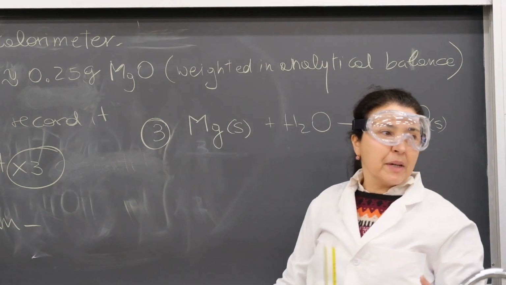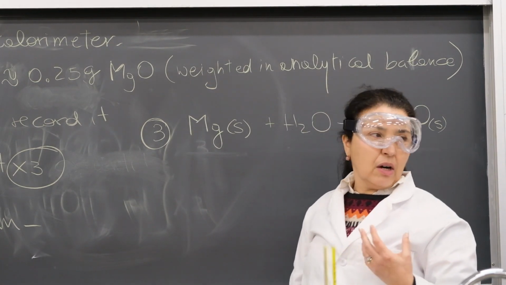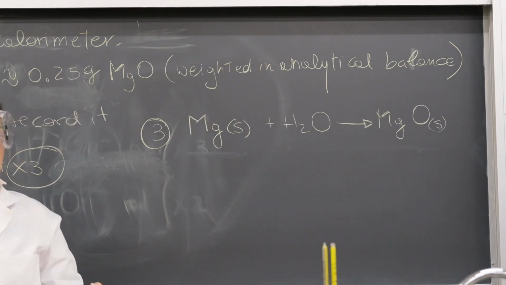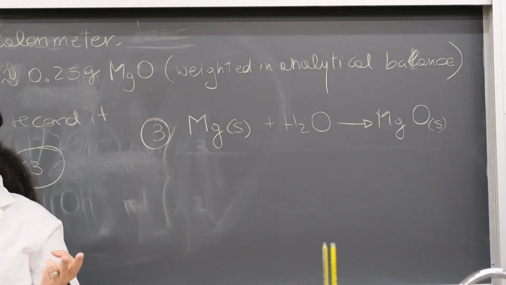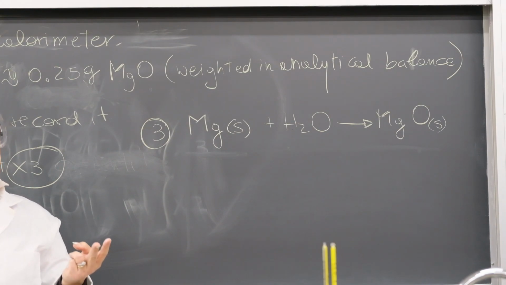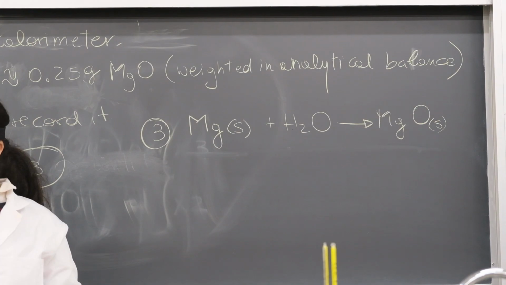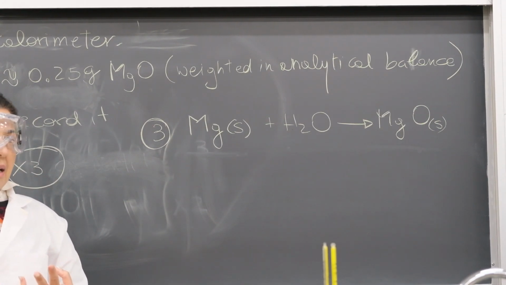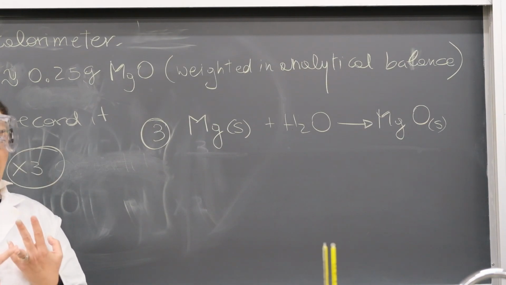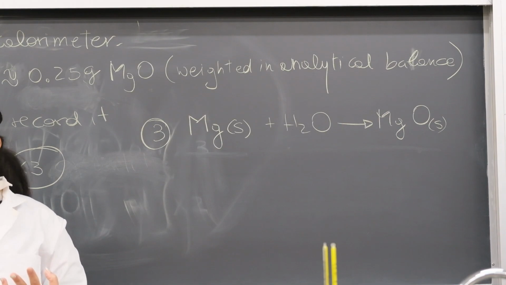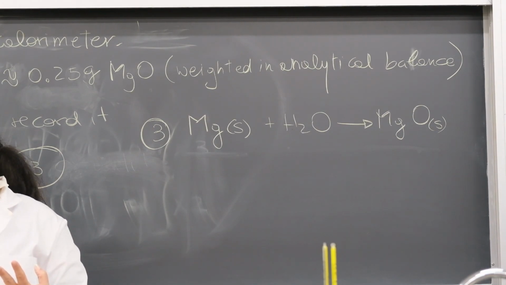And for the properties of delta H, we said it is a state function. The delta H of the forward reaction is equal in value but opposite in sign to the delta H of the reverse reaction. And then the third thing that we learned was that the delta H depends on the state of the reactants and products and on what else?